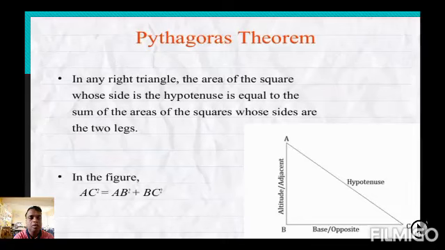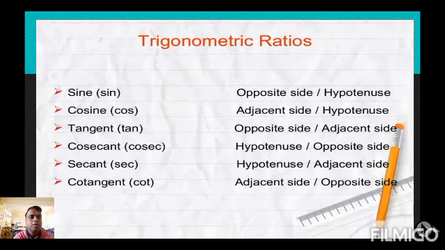For example, in the figure, AC squared equals AB squared plus BC squared. That is, hypotenuse squared equals adjacent side squared plus opposite side squared, where B is 90 degrees. Using this Pythagoras theorem, we can show some identities of the trigonometric ratios.